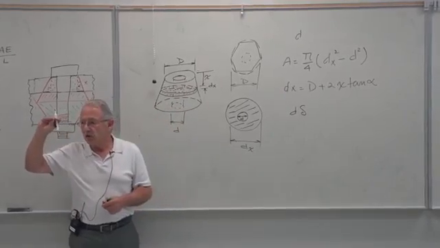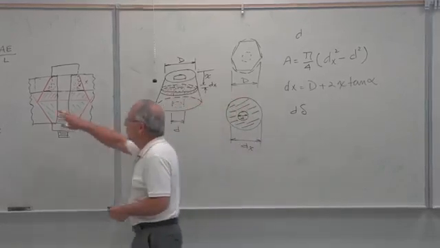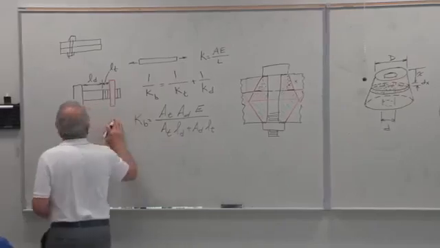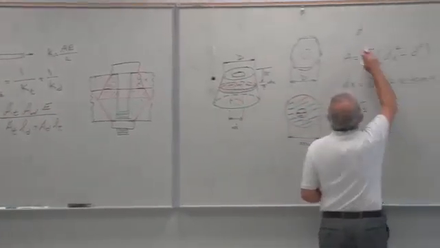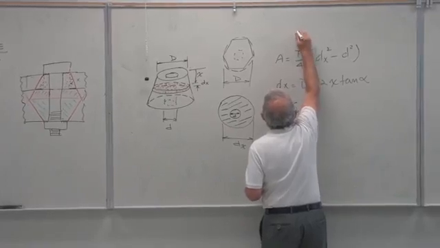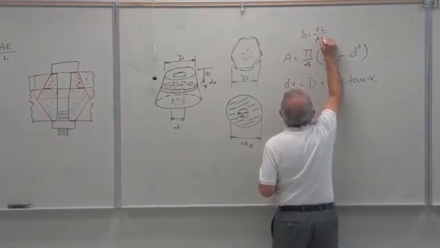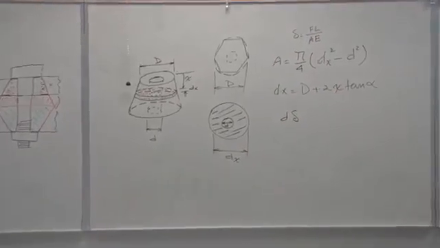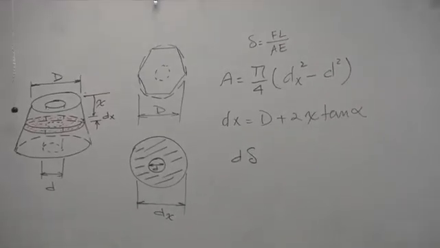The compressive deformation of this, d delta. I'm now using this equation. Sorry, not that equation, the equation for delta. I'm using this equation for an axially loaded member: delta equals FL over AE.